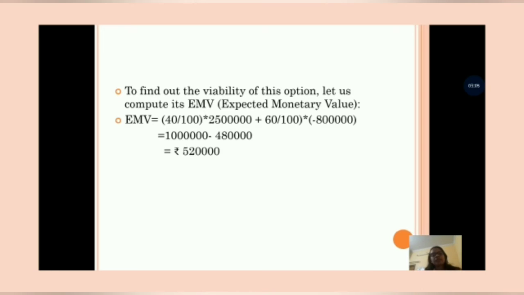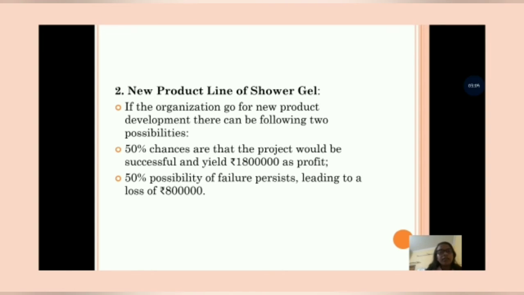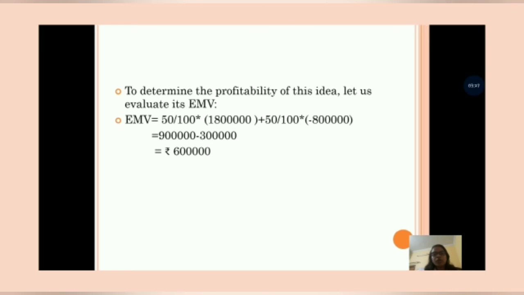Whereas if we take another alternative and find out the EMV of that alternative, where there is a 50-50 chance of profitability as well as loss, then the EMV comes out to be rupees 6 lakh.